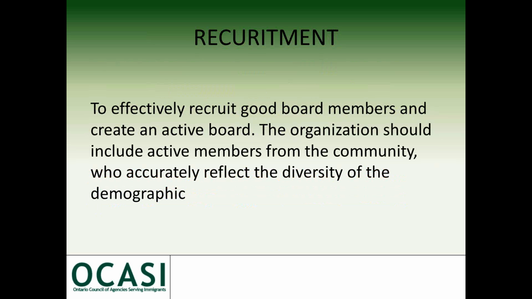When you do your recruitment, it should be people who are active members in the community. An active member can be someone who is a teacher or someone who runs a play group. They just have to be involved in the community and know about their demographic, the population, and the resources available within their community.